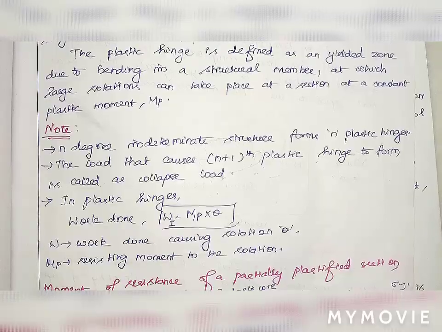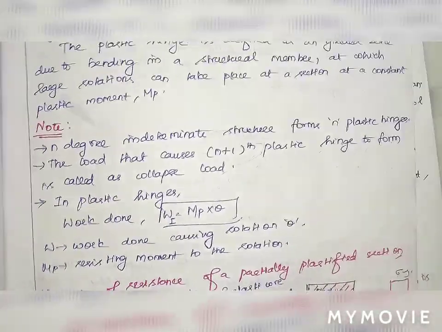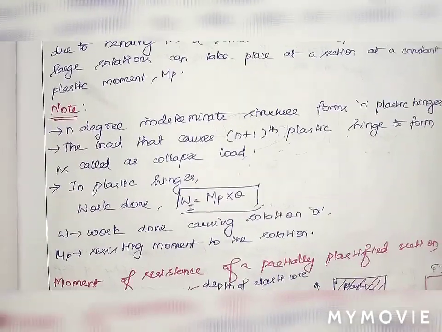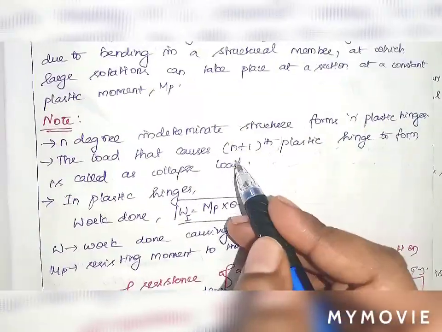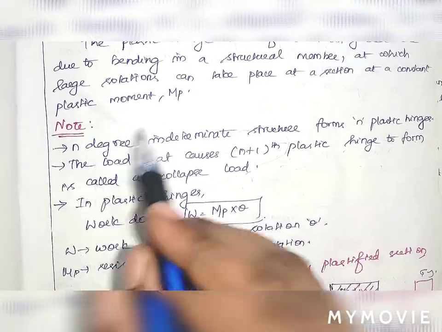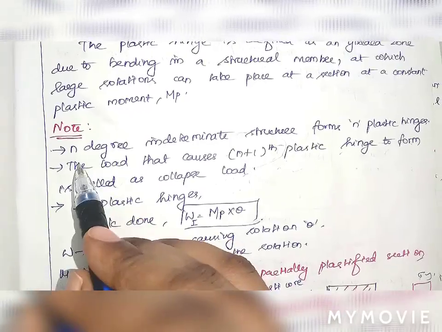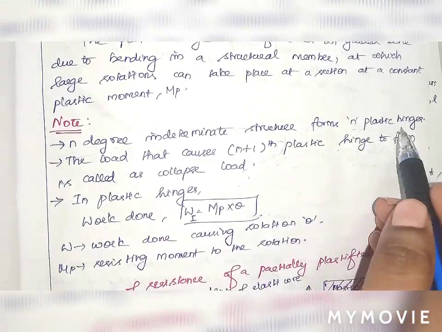Before getting into the problem part, there is some theory. When a structure is likely to collapse, there will be formation of the n plus 1th plastic hinge. Usually in a structure which is indeterminate to n degrees, only n plastic hinges will be formed.